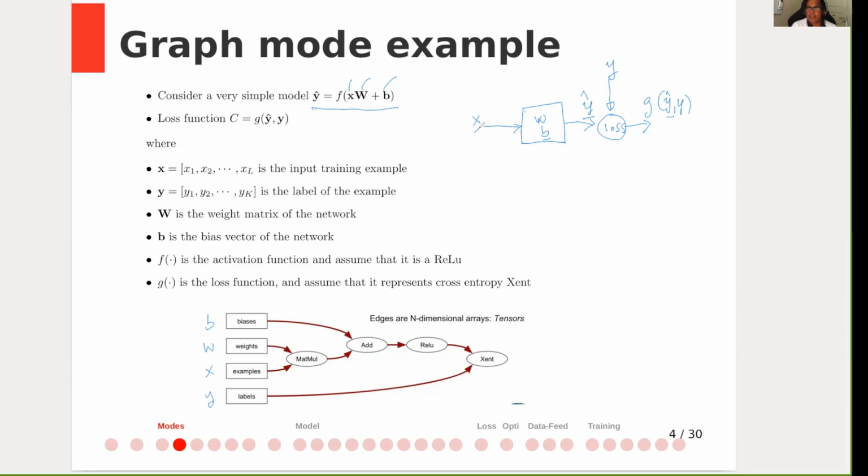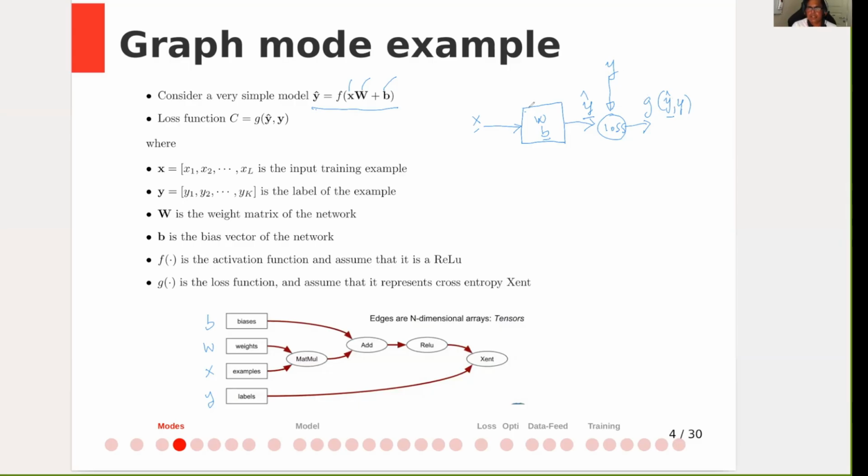So you have an input x, and this model has parameters: the weight matrix and the bias vector. The model outputs y hat, and this model output is compared with the label y. This comparison is done by the loss function, which outputs the quantity that expresses the loss, some function g of the model output y hat and the label y.